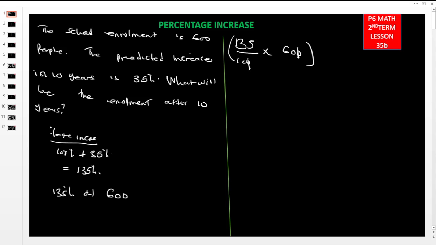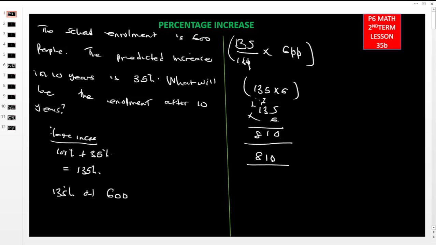Cancelling the zeros, we have 135 times 6, which is 810. So the enrollment after 10 years is 810 pupils in the school.